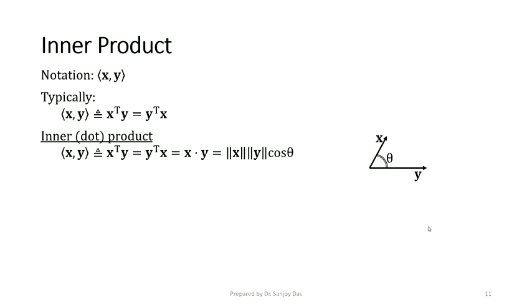Inner product. The inner product is a scalar. In general, you have an inner product, but for us, since we are dealing with Euclidean spaces most of the time, all the time actually, the inner product of these two vectors is x transpose y, which is the same as y transpose x.